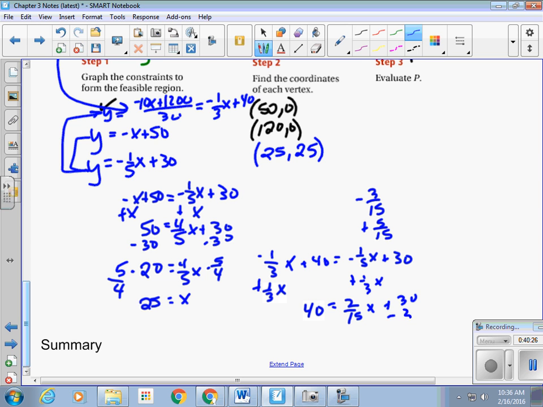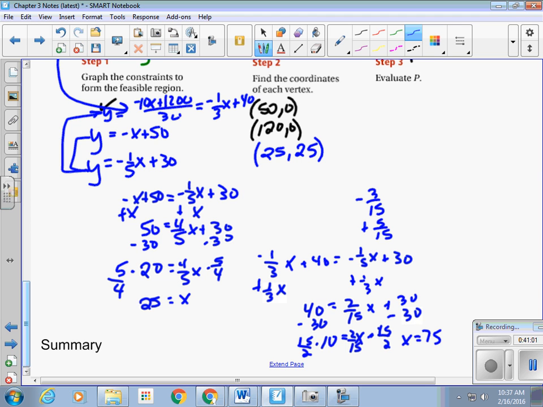I'm going to subtract 30 from both sides, and we get 2/15 x equals 10. We're going to multiply by the reciprocal. 10 divided by 2 is 5, and 15 times 5 is 75. So x is equal to 75.